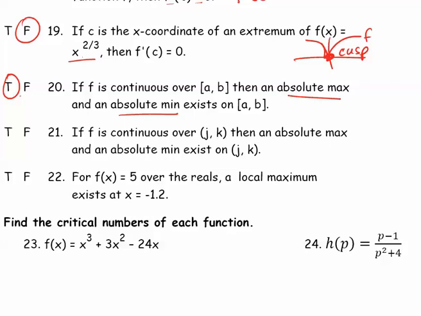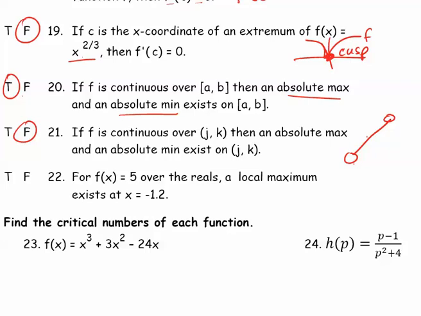In number 21, if f is continuous over an open interval, then does it have to have an absolute max and an absolute minimum? No, not if it has open endpoints. So that would be false. A very simple counterexample would be this diagonal segment, which is continuous on an open interval, but its maximum and its minimum would have occurred at the endpoints had it been a closed interval.